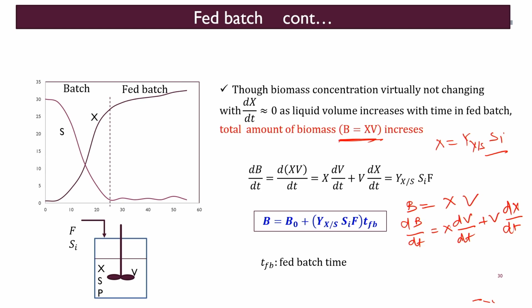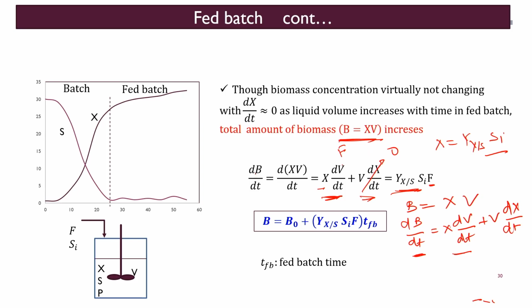So, if you write dB/dt as x into dV/dt plus V into dx/dt, this is your x and this is your feed rate or the flow rate. It is coming because x into dV/dt is F, and for the time being dx/dt we are assuming as 0.